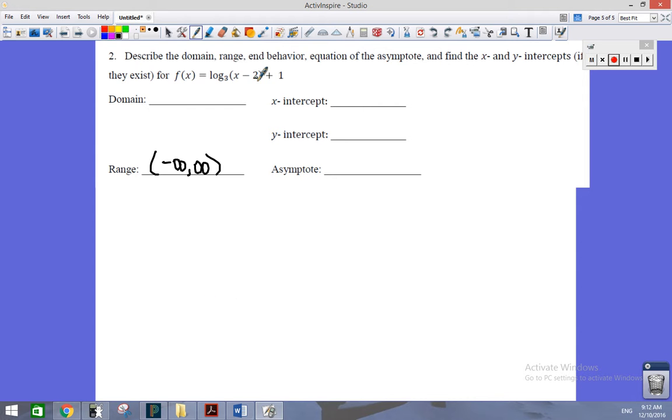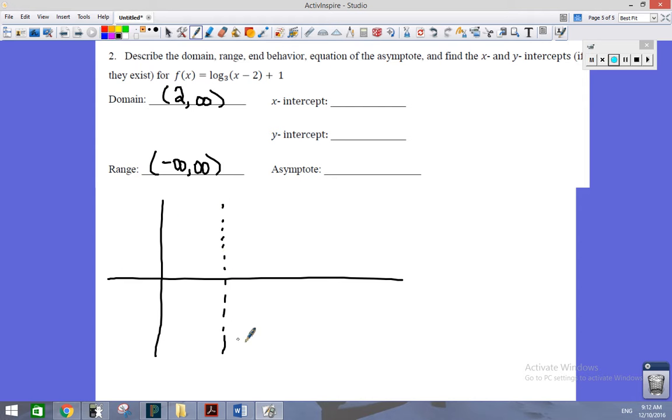So the domain is actually 2 to infinity, and your graph has been shifted over to where it's like this, and then it's been lifted up 1. But lifting it up 1 is not going to change the domain.